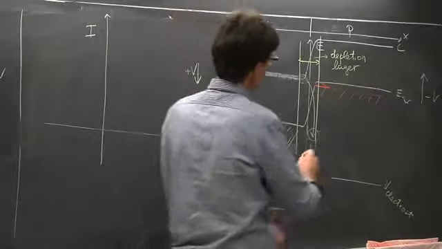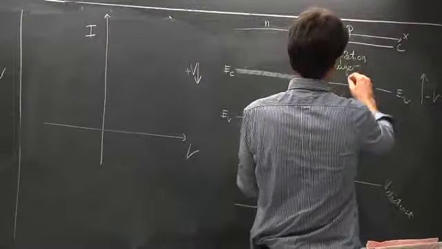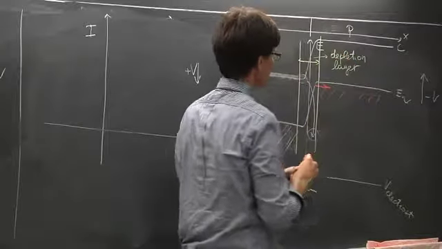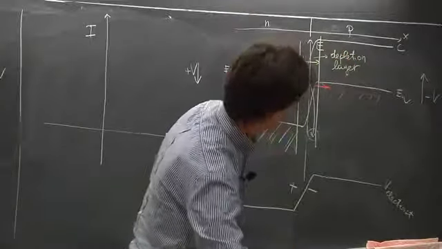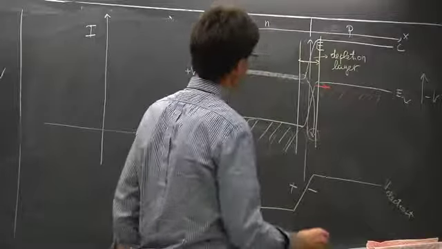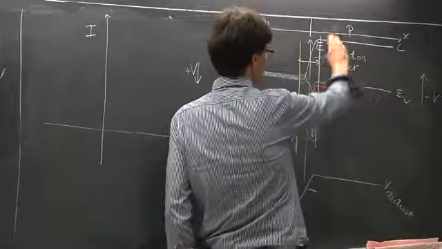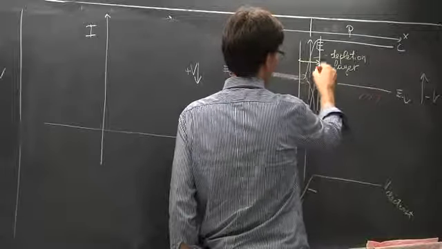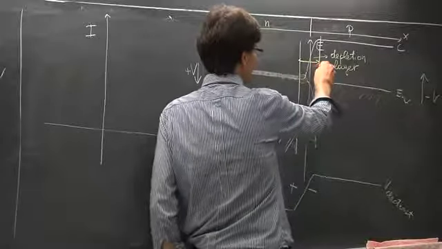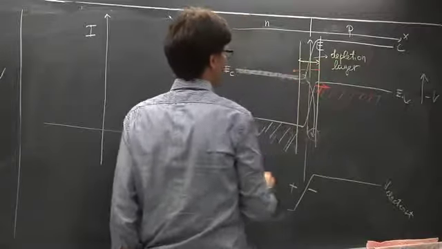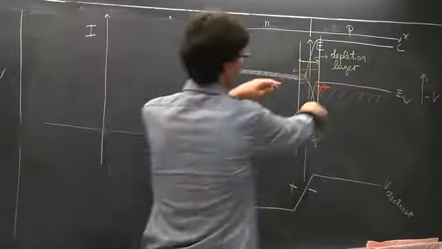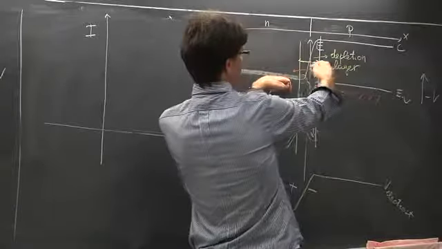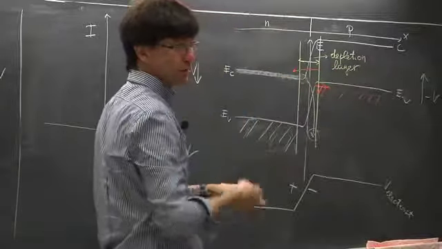Now, if I do this, I'm going to lift the whole structure here and lower the structure here. So there will be the possibility for electrons to flow, because if I lift this at some point, there will be electrons from this region that will be able, as soon as I lift it a little bit, to flow on the other side, right? As soon as I lift this level up, then I will be able to let the electrons flow to the left side.